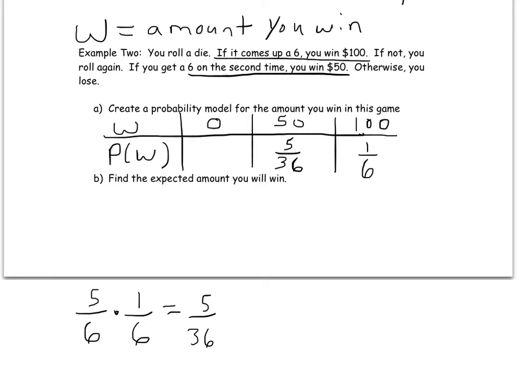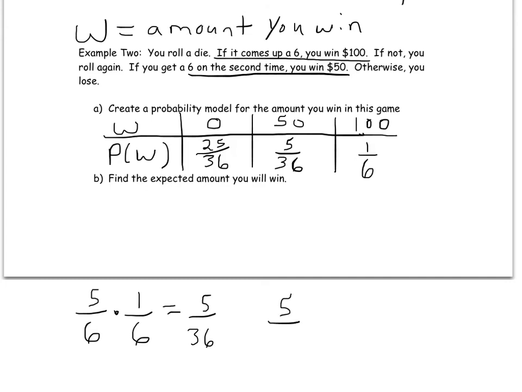Now I know that all of the probabilities add up to 1, so I could just take 1 and subtract 5 out of 36 and subtract 1/6 and see what I'm left with to fill in the probability that I get a 0. And that's 25 out of 36. But I also want to do the calculation to make sure that I end up getting 25 out of 36. The only way that I lose this game is if I don't get a 6 on the first roll, and I don't get a 6 on the second roll.